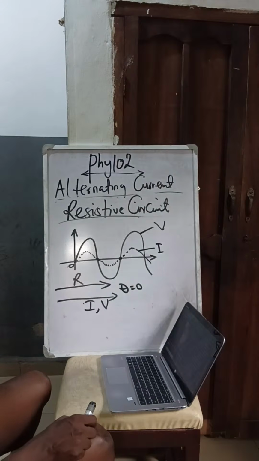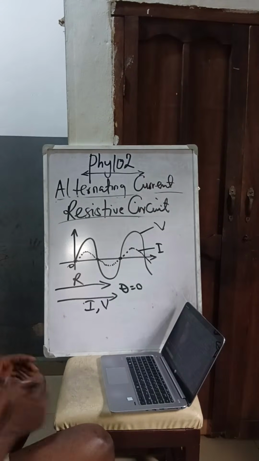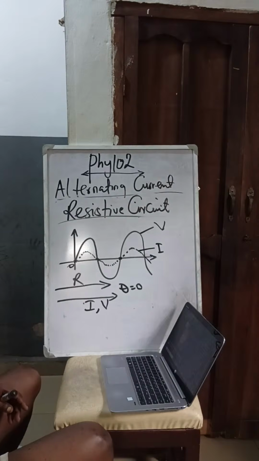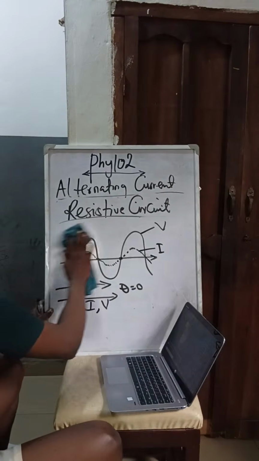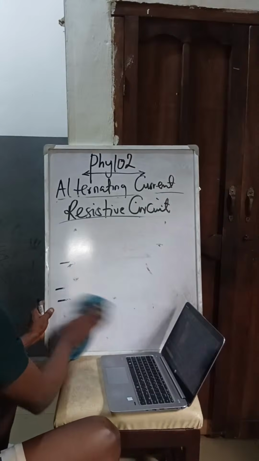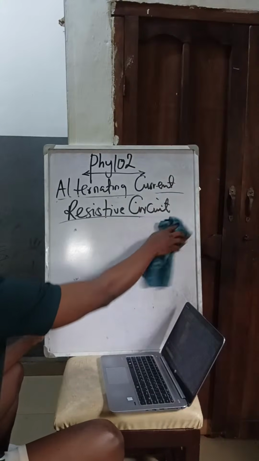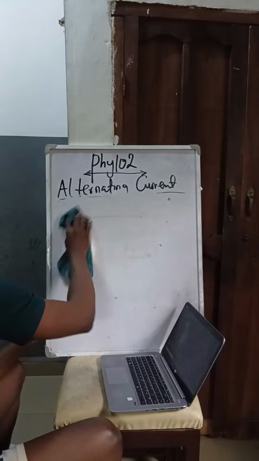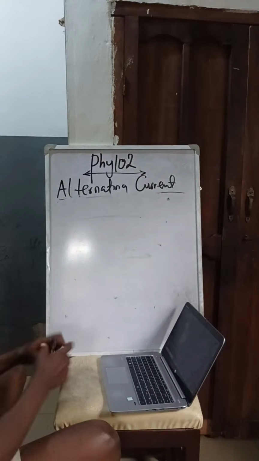Now, the next one is a capacitive circuit, a circuit that has only capacitor. A circuit that has only capacitor is called a capacitive circuit.